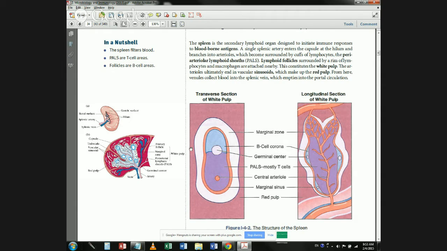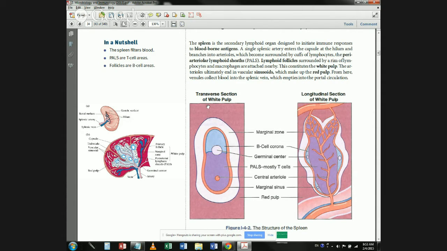And eventually the blood in the red pulp is collected into the venules, which will collect the blood into the splenic vein, and which will then carry on. Here's the splenic vein, and that will join with the portal circulation, which is also receiving blood from the GI, right?